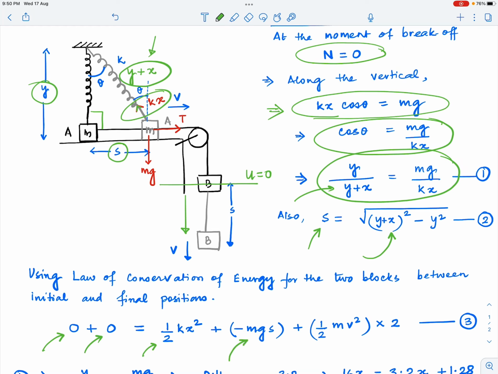So, the new gravitational potential energy of block B will be minus mgs plus the kinetic energy of the two blocks, which will be 2 times half mv squared if both the blocks have a speed v. So, this is the conservation of energy equation and we call it equation 3, and now we can just substitute the value of s and x in these two terms to get the value of v by solving this equation.